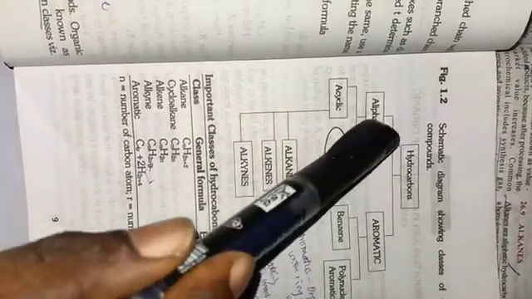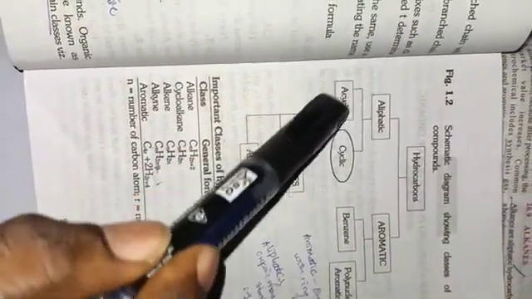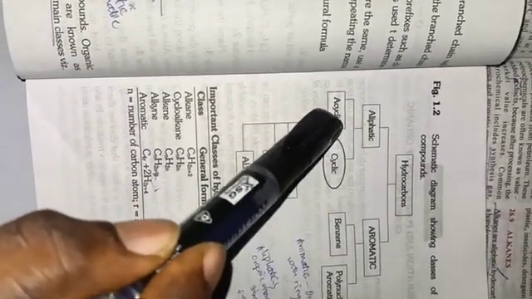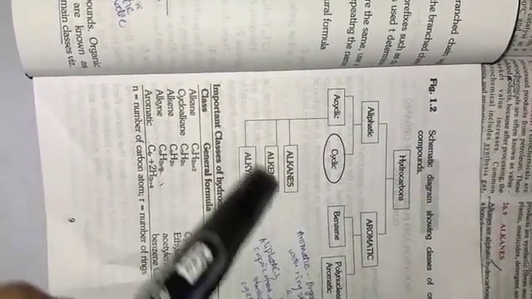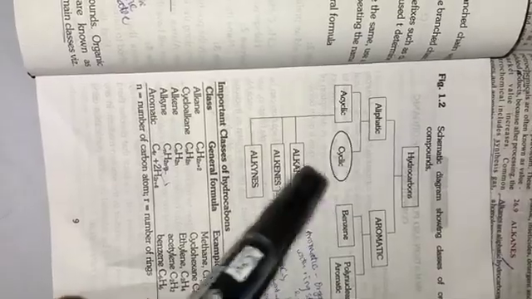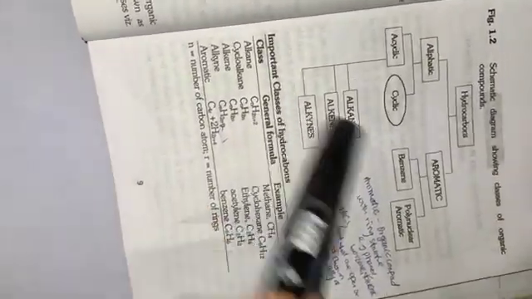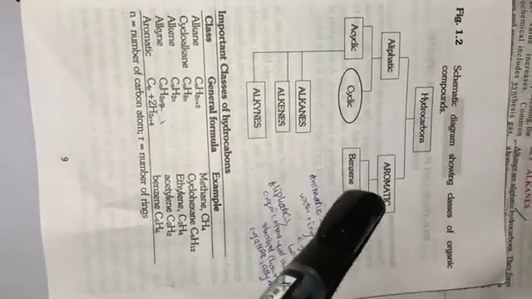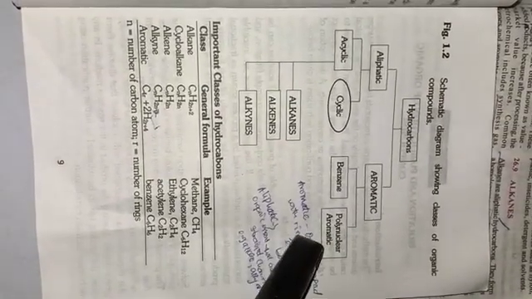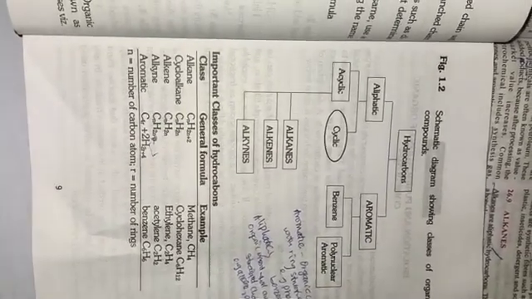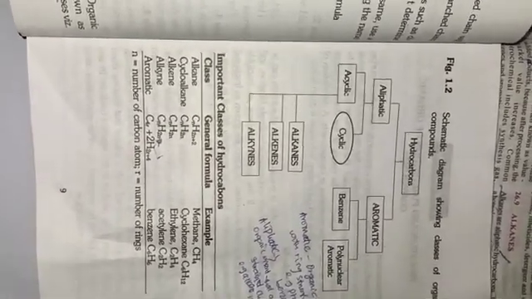Acyclic includes the alkane, alkene, and alkyne. Cyclic can be cycloalkane, cycloalkene, cycloalkyne. And the aromatic here is benzene and polynuclear aromatics. The polynuclear aromatics can be naphthalene, anthracene, xylene, toluene.